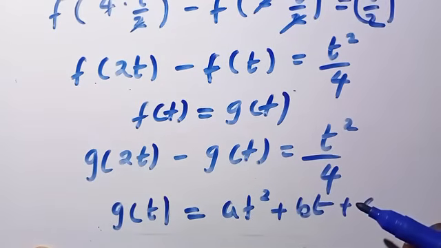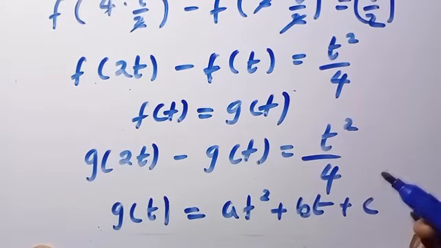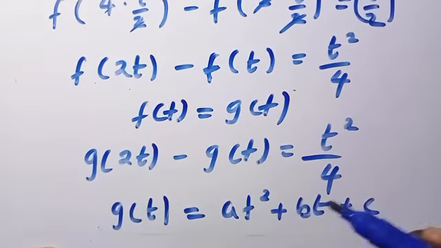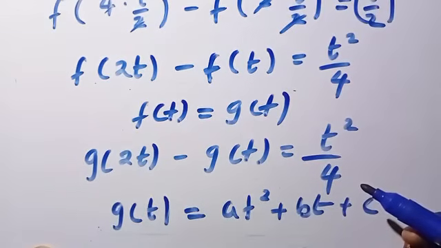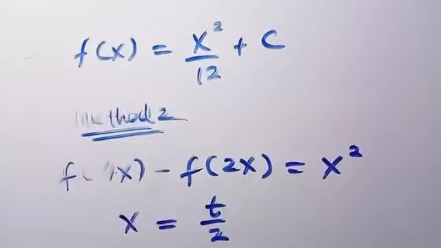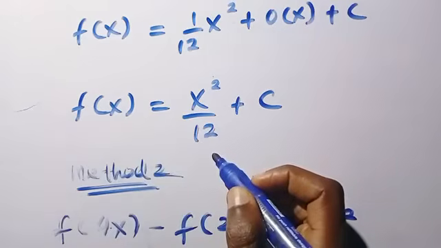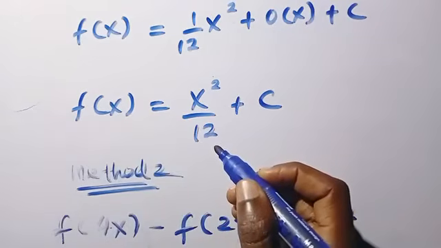We can also verify that the left hand side and the right hand side are equal by substituting the value of f of x that we got back into the given function, and we are going to get the result.